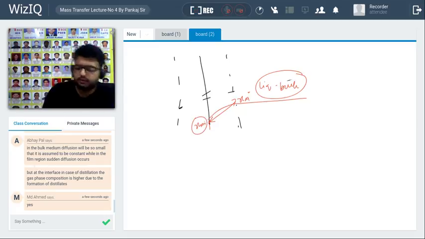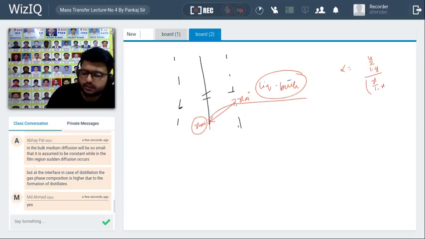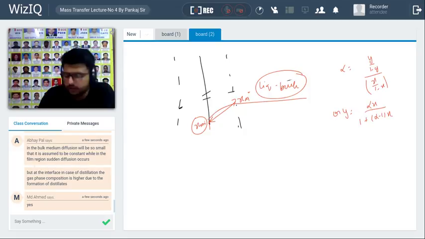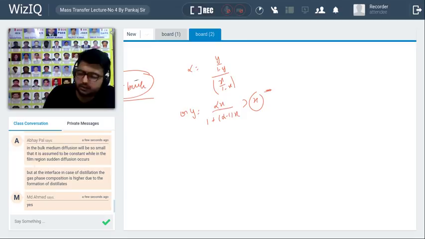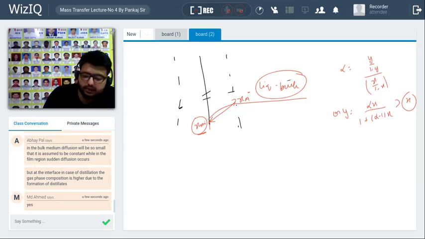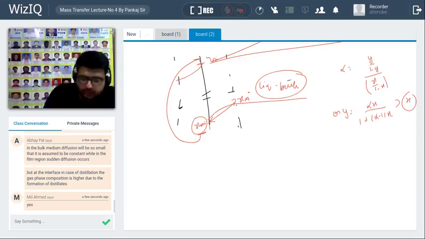Now, we know that alpha is equal to y upon 1 minus y upon x upon 1 minus x. On rearranging, y is equal to alpha x upon 1 plus alpha minus 1 into x. Since alpha is always greater than 1 and usually greater than 2, y will always be greater than x. Okay, so the equilibrium relationship will transfer to a higher phase region, that is YAI, and then from here to here, this is the bulk, and so on.